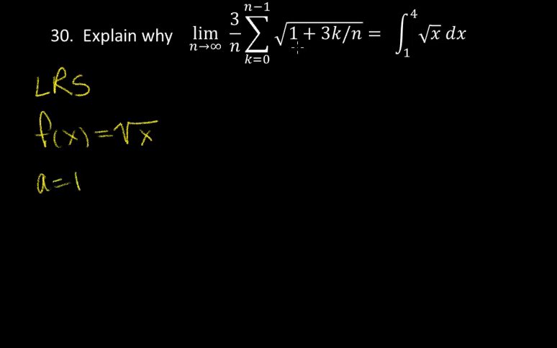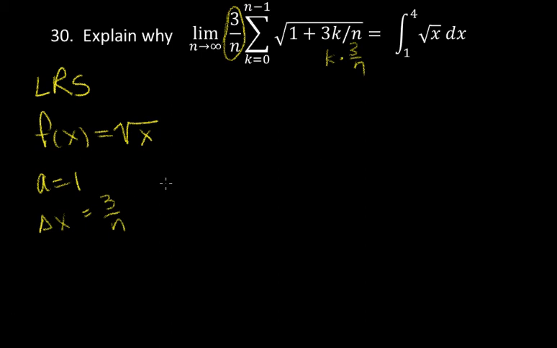A is equal to 1, and this must be a plus k jumps of delta x. And you see the delta x is factored to the left of the summation sign again, and this here is k times 3 over n. So delta x is equal to 3 over n.